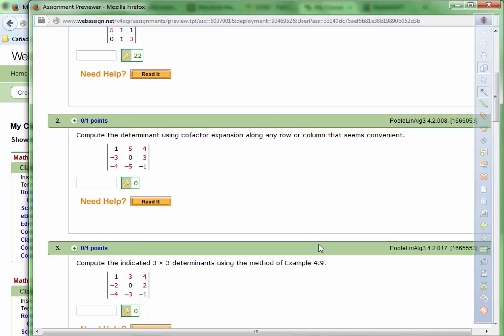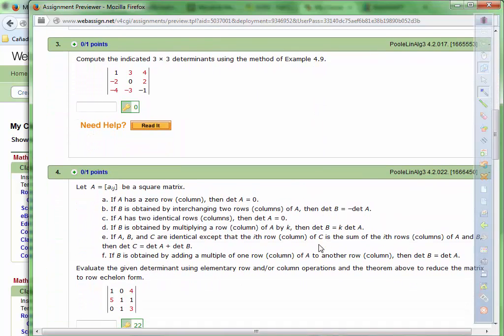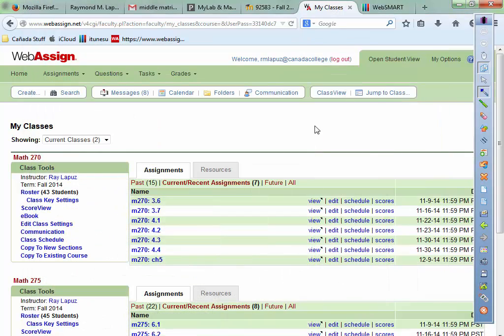I was looking for larger matrices to mess around with.